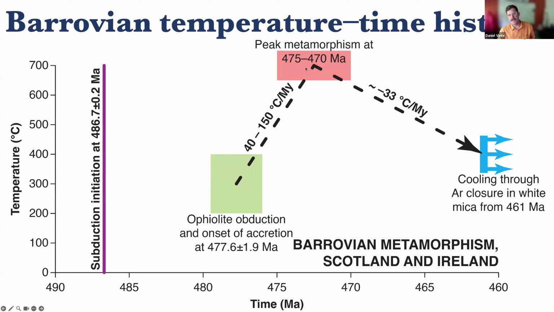And so there was some heating to peak metamorphism by about 475, and then subsequent cooling down to white mica closure. And so this requires prograde heating rates of on the order of 40 to even 150 degrees Celsius per million years, depending when during this box peak metamorphism occurred and what temperature and time the initiation of accretionary orogenesis had.